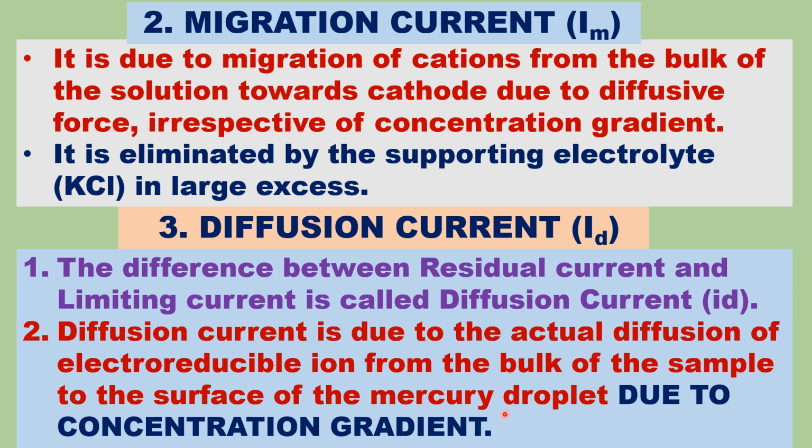That is important. Diffusion current occurs due to concentration gradient. If there is no concentration gradient, then there will be no diffusion. Okay, so diffusion current is due to the actual diffusion of electro-reducible species or electro-oxidizable species from the bulk of the sample to the surface of the dropping mercury electrode.